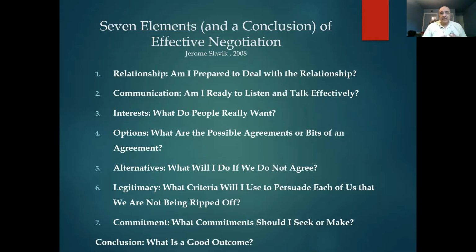That's where our compassionate negotiation and communication with sincerity, as many of you eloquently described in your posts to the forum, is really critical. So this is number one. Ask yourself: how much am I going to be able to deal with the relationship effectively?